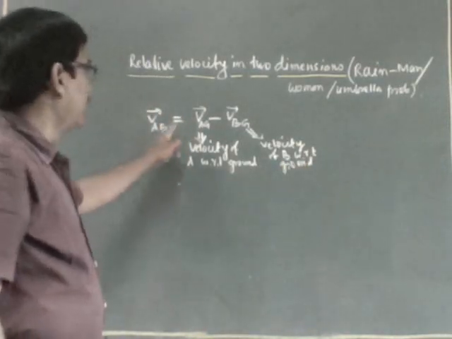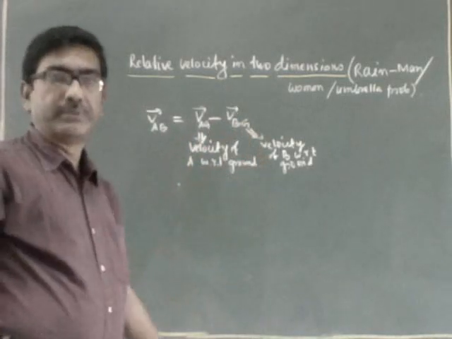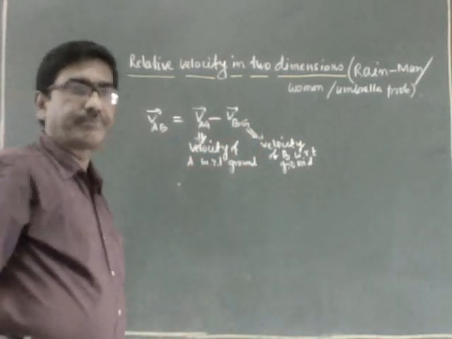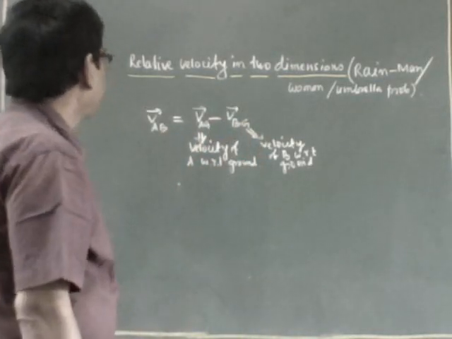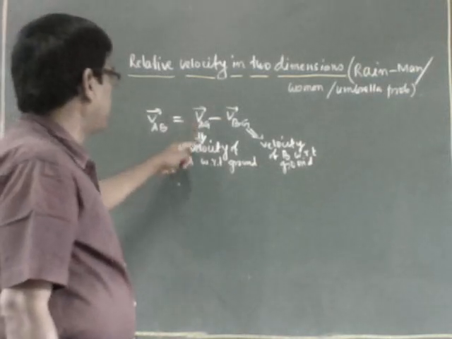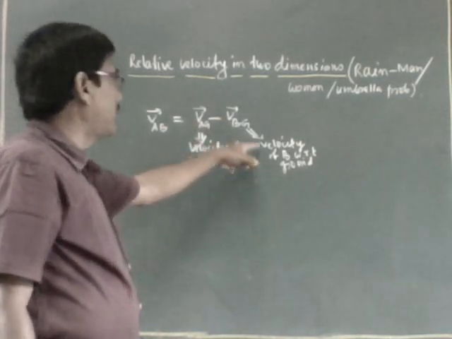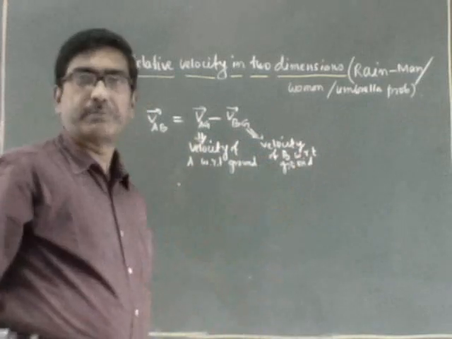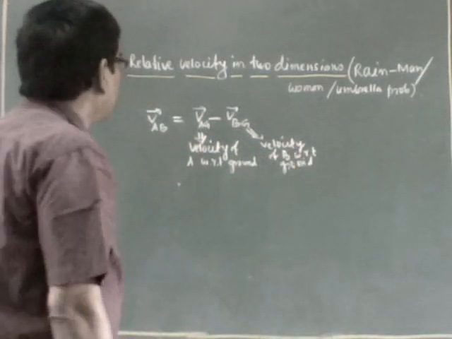VAB is equal to VA minus VB. That we have discussed already. So VAG means velocity of A with respect to ground, and VBG is velocity of B with respect to ground.